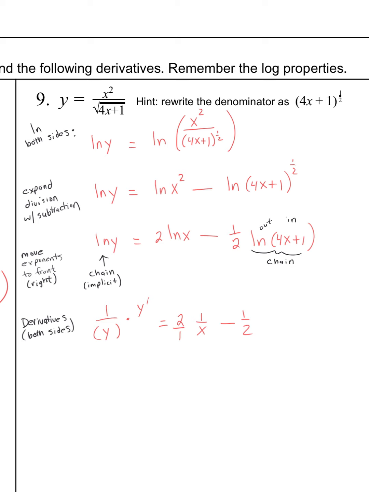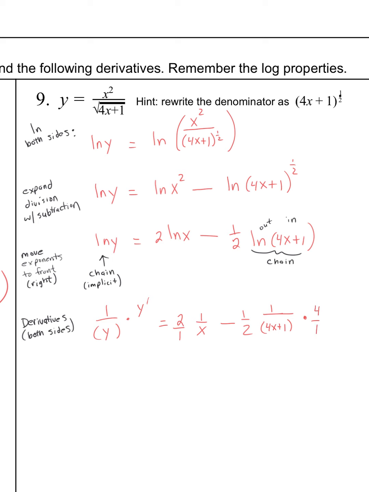So the derivative of the outer is 1 over something, the inner as is goes right down there, 4x plus 1. Finally, we multiply everything by the derivative of the inner. The derivative of 4x is 4, and the derivative of 1 is 0, so that just gives us a 4 over 1.